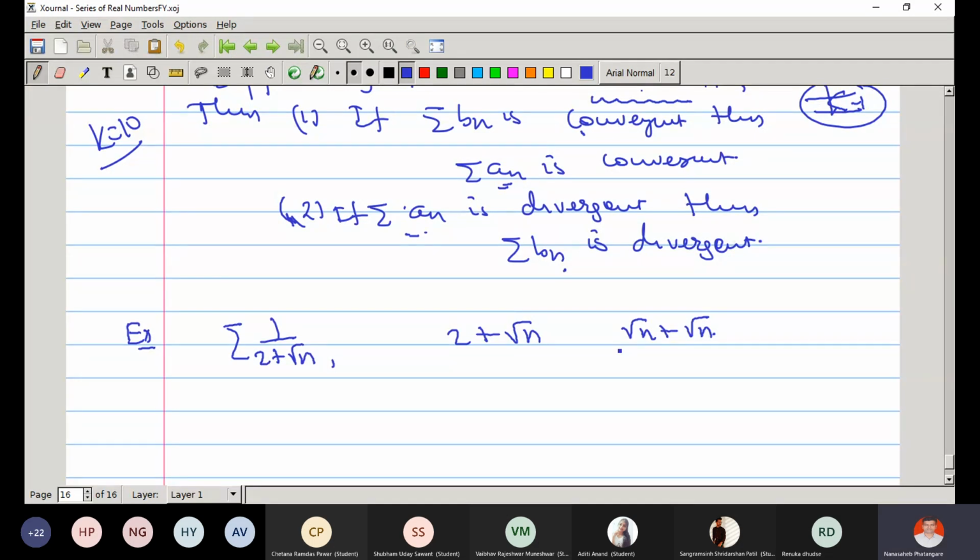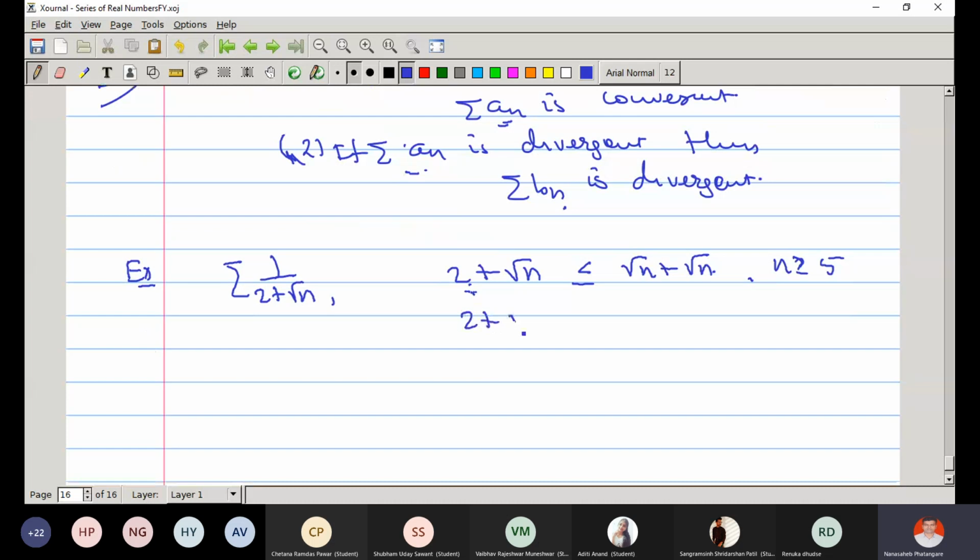For example, if n is equal to 1, the first quantity is larger. If n is equal to 2, this one is larger. But if n is greater than or equal to 5, certainly this quantity is larger, no doubt. That means 2 plus root n is less than or equal to 2 times root n. And therefore, 1 upon 2 times root n is less than or equal to 1 upon 2 plus root n for n greater than or equal to 5.